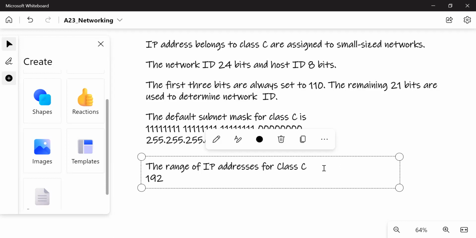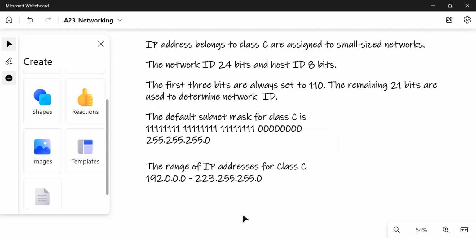So all 0 creates the lowest number, so it should be 192.0.0.0. And it goes up to all ones, that means 110 followed by all ones. When you say all ones, it ends up at 223.255.255.0. So this is the IP address range we have for class C.